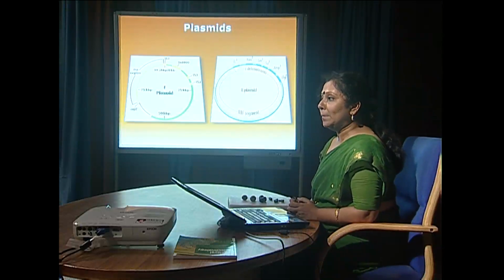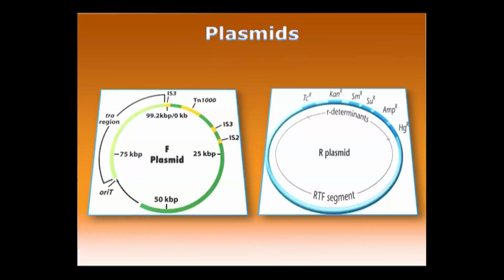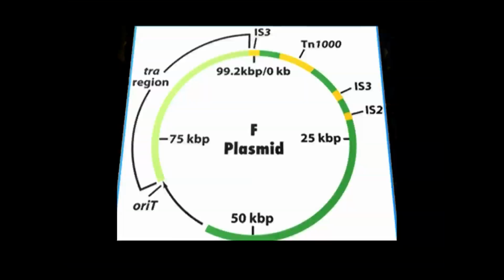Apart from chromosomal DNA, here we can find another extrachromosomal DNA called plasmid. Plasmid contains some luxury genes. Like in some bacteria, it contains the F factor, which is needed for fertility, for the generation of pili needed for sexual conjugation, for transfer of genetic material from donor cell to recipient cell.